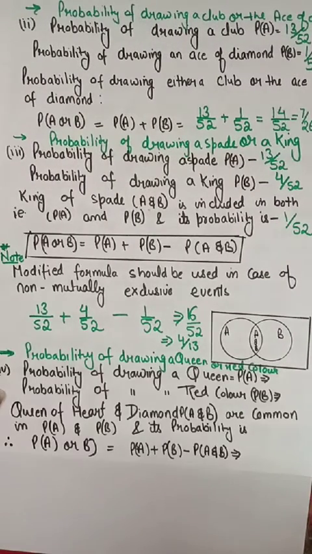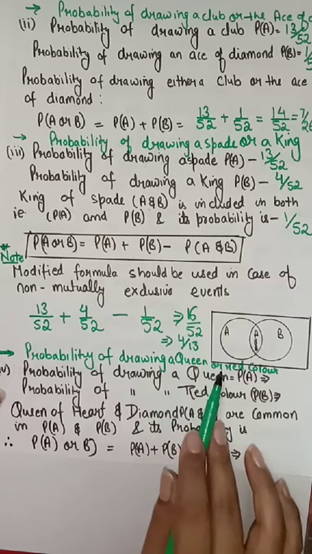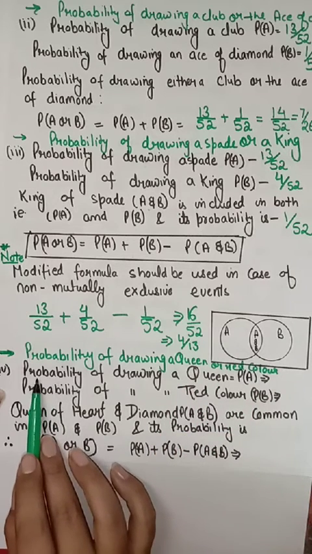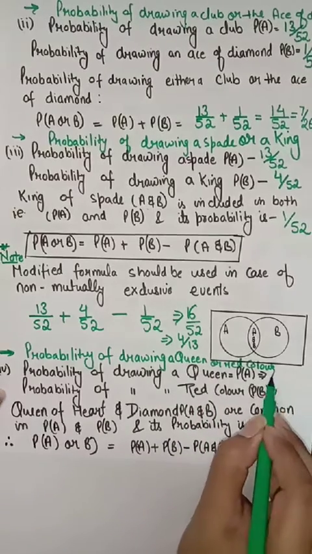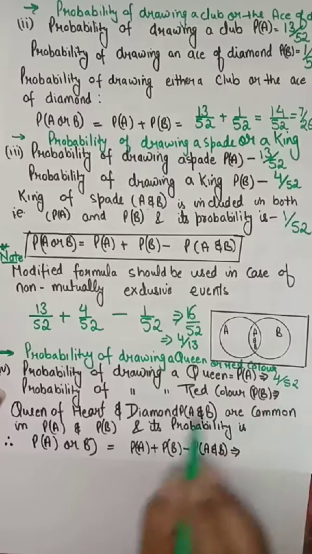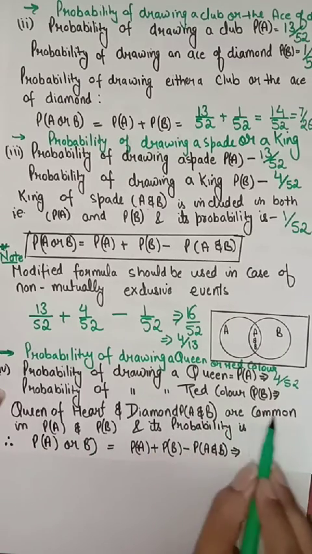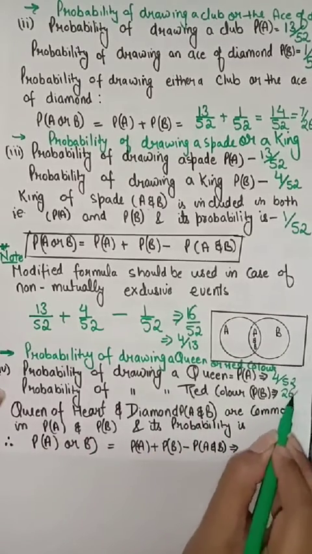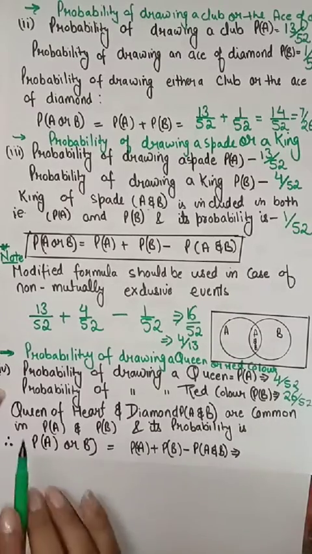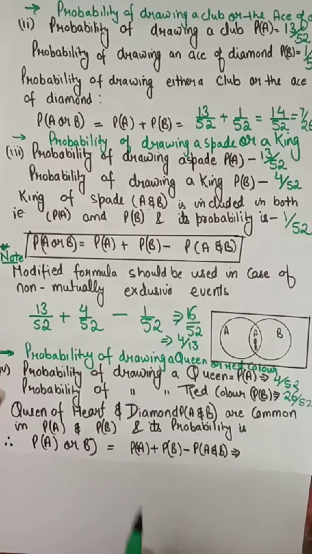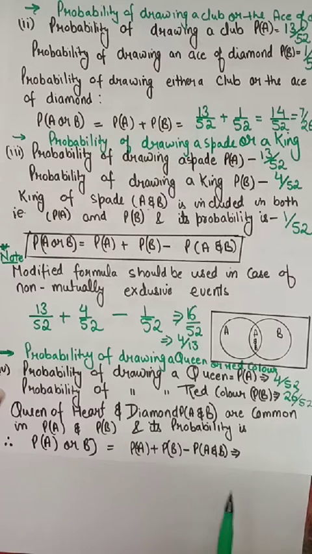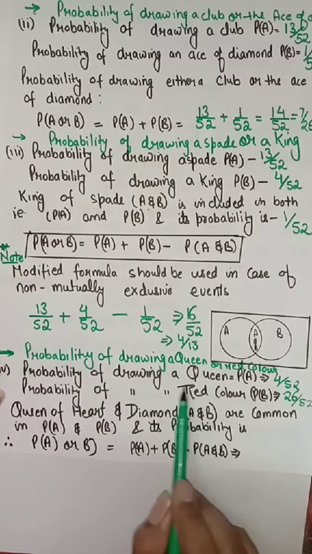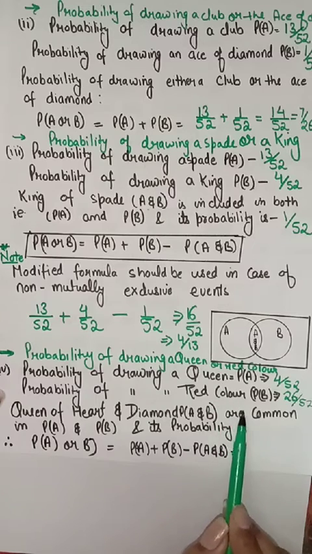The last question asks for the probability of drawing a queen or a red color card. The probability of drawing a queen: how many queens do we have? 4, so 4 by 52. The probability of getting a red card is 26 by 52. But there is one condition where the queen of heart and the queen of diamond are common to both drawing a queen and drawing a red card.